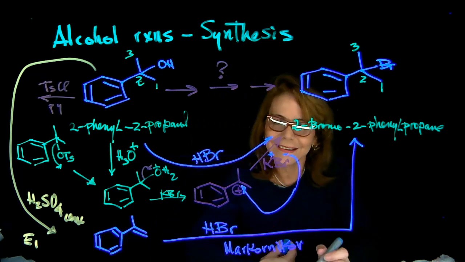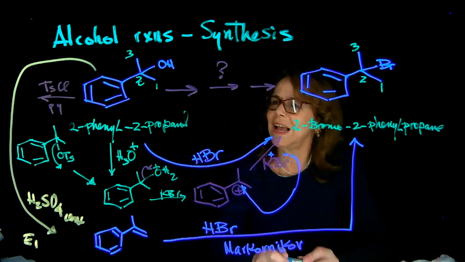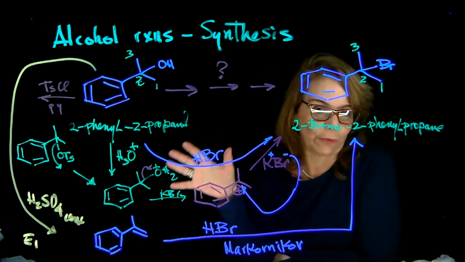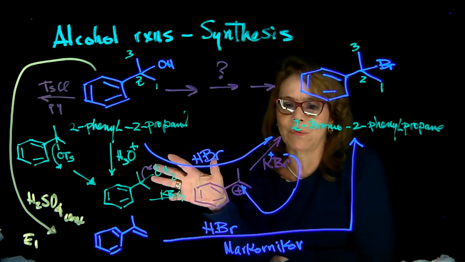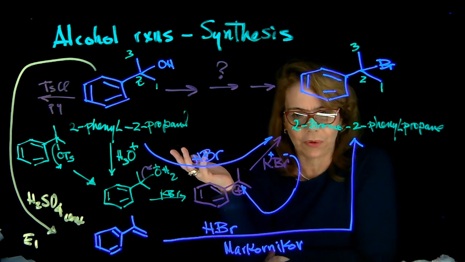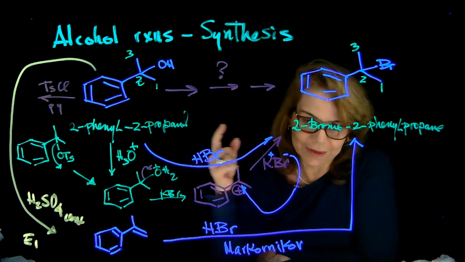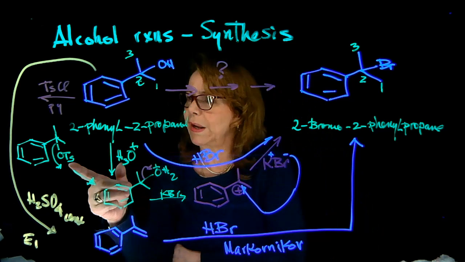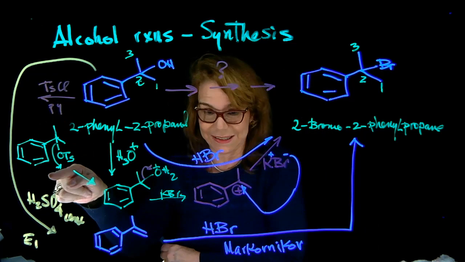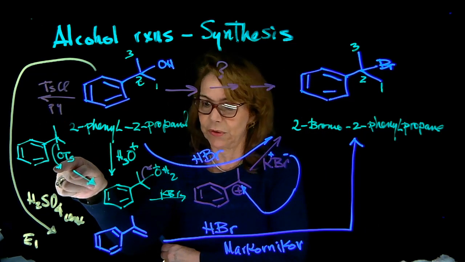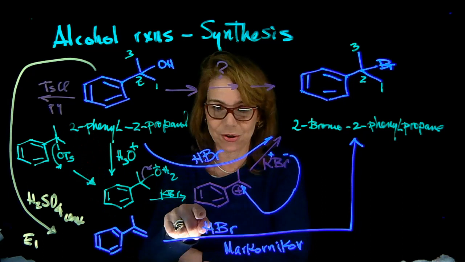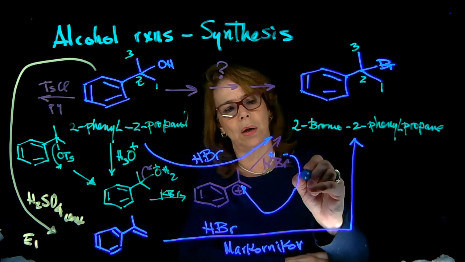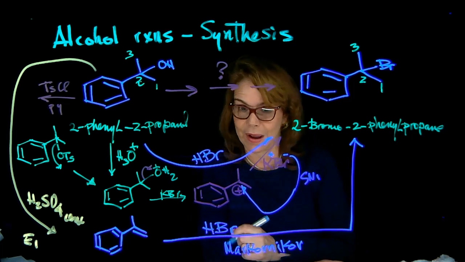So again, there's more than one way of doing things. Here we started with an alcohol. If you want to do a substitution reaction, the first thing to notice is that we need to make OH a better leaving group, and you have a couple of strategies. Acidifying, where the leaving group would be water, or reacting with tosyl chloride to make a tosylate, also an excellent leaving group. Either way, you get a carbocation intermediate that will undergo an SN1 reaction to give you the final product.